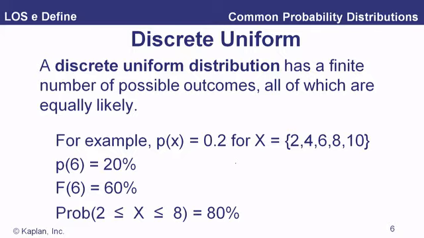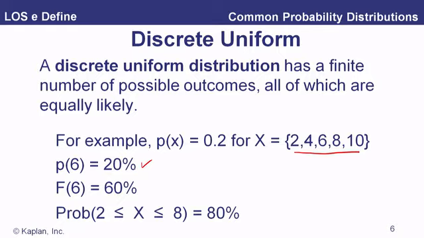So, given that the probability of x equals 20% for each of our 5 possible outcomes, we've got a total of 100% there. And so what's the probability of 6? Well, the probability of any of those 5, since they're equal, is 20%. So the probability of 6 is 20%, probability of 4 is 20%, probability of 10 is 20%.